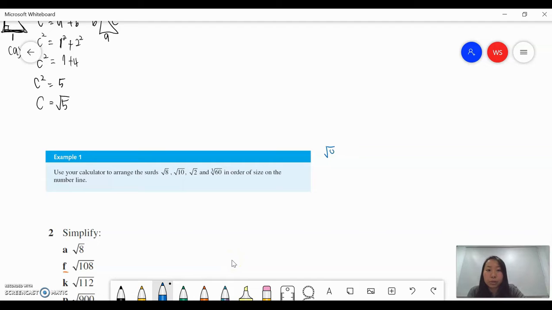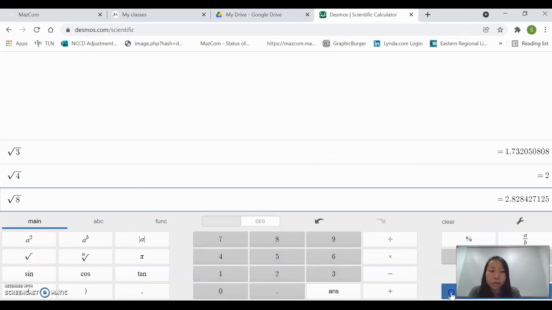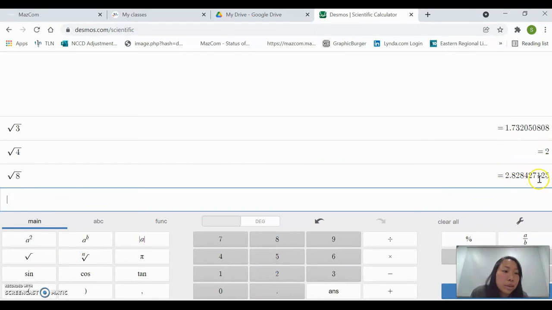So we have square root of 8. Let's find out what that is on the calculator. Square root of 8, enter. We get 2.82, and the number just runs off. What I'll usually do is round it off to 2 decimal places. That will be 2.83, because 8 is higher than 5, so therefore rounding up.